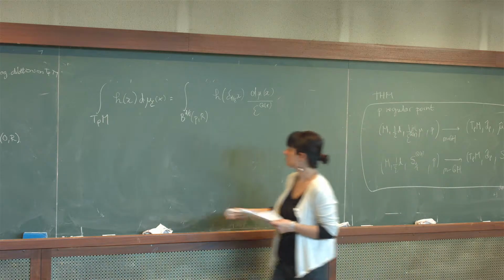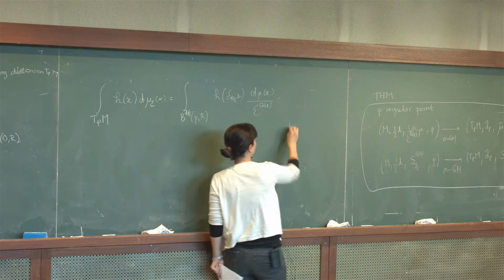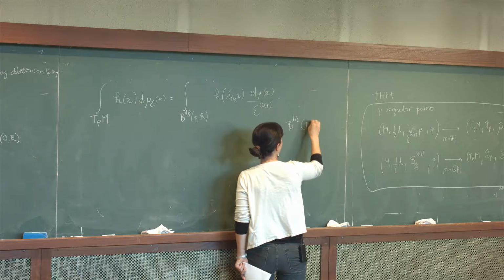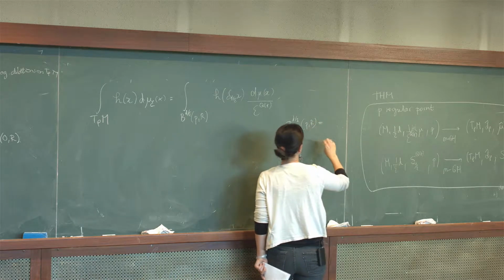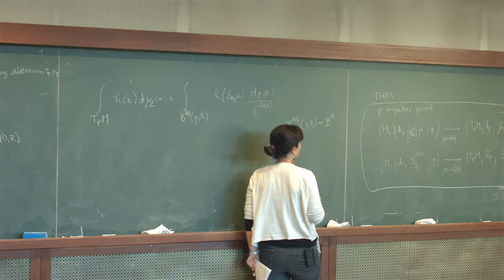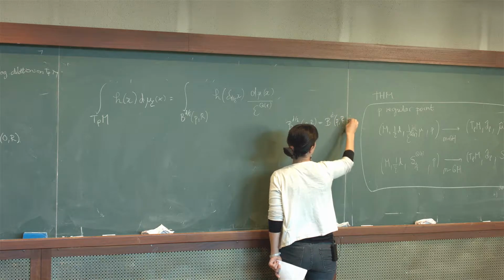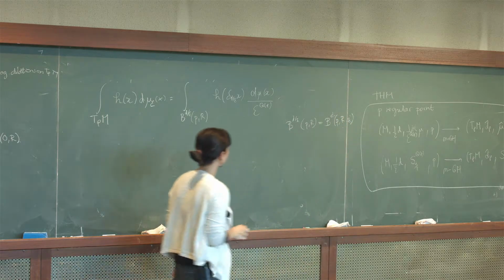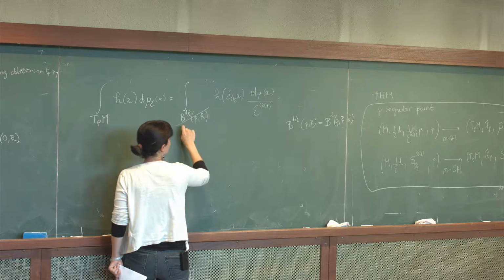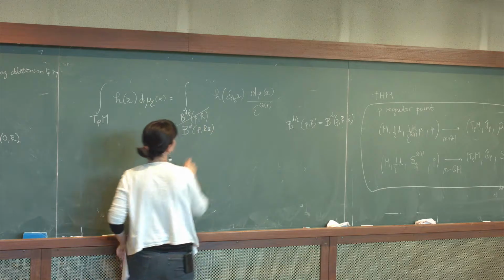Then I do a trick and say that the set B d over epsilon of p, r as a set of points coincides with the ball with respect to the distance d of radius r epsilon. So I put here B d of p, r epsilon.